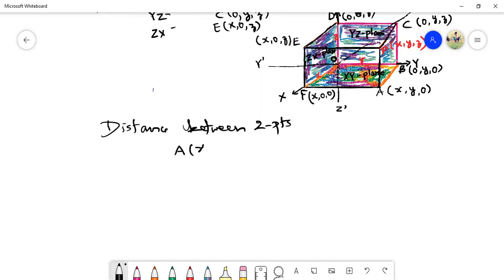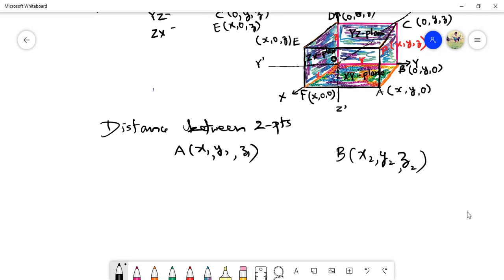If A is a point whose coordinates are x1, y1, z1, and there is a point B in space whose coordinates are x2, y2, and z2, find the distance between AB.